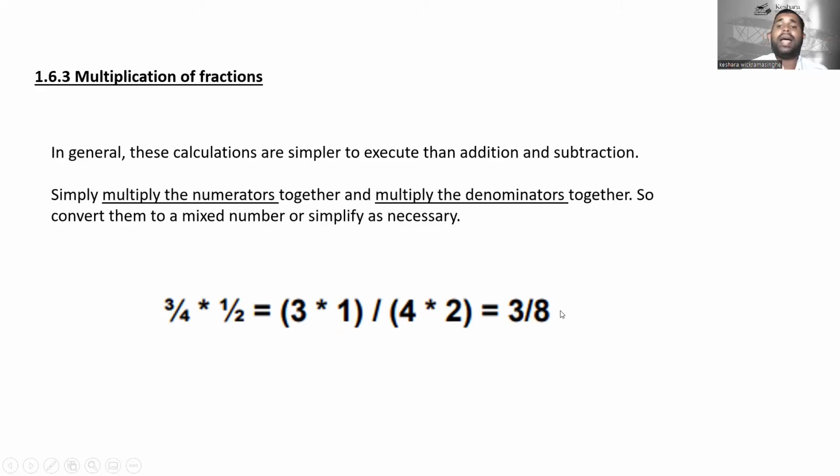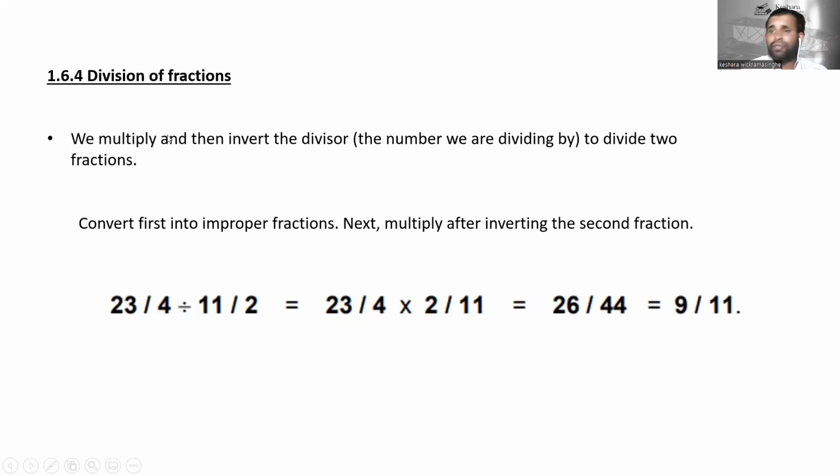So 3 upon 8. Now division of fractions: we multiply and invert the divisor, the number we are dividing by. So convert first into an improper fraction, next multiply after inverting the second fraction, right? So 23 upon 4 divided by 11 upon 2. Then we have to make it into multiplication.